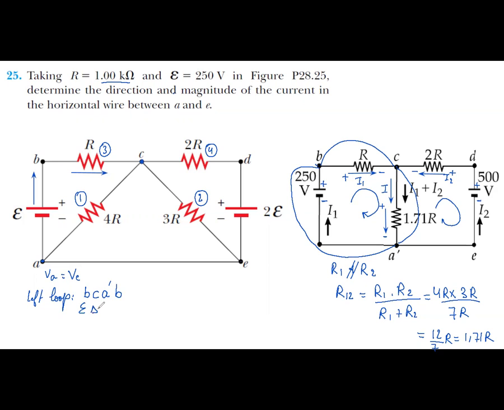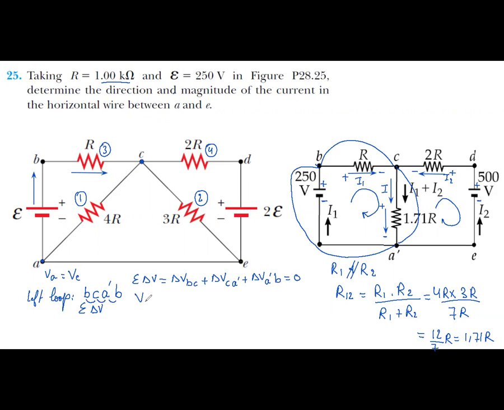Summation of delta V, we take delta V BC, CA prime, and A prime B, equals 0.